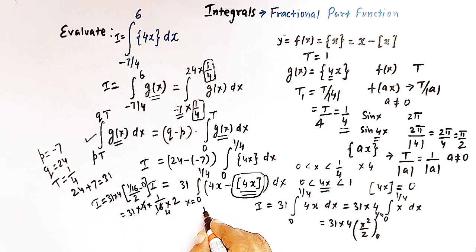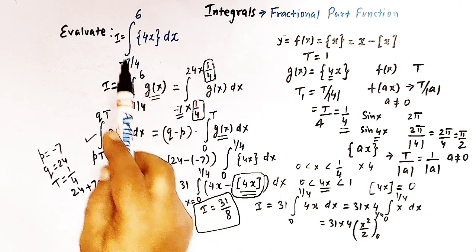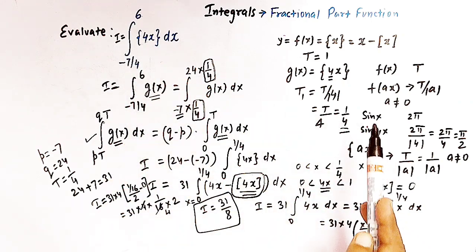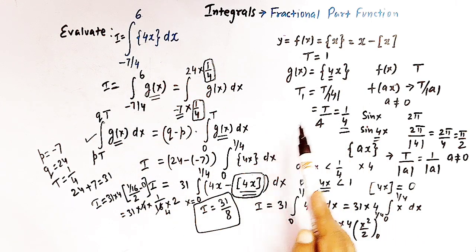So the value of this integral I is equal to 31 over 8, right? So viewers, this is how we can find the value of this integral using the concept of fractional part function and the periodicity of fractional part function.